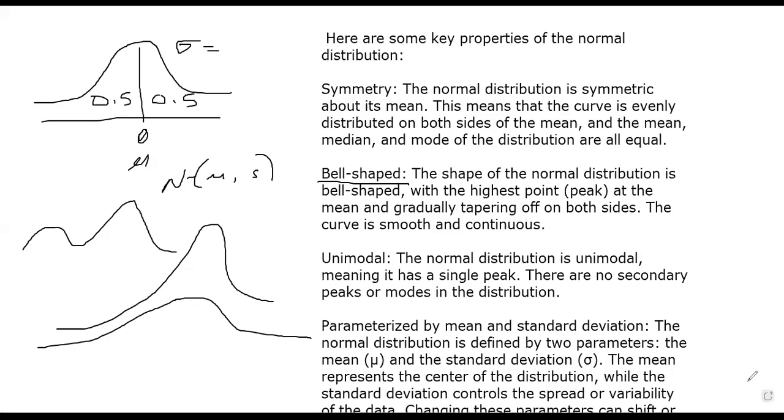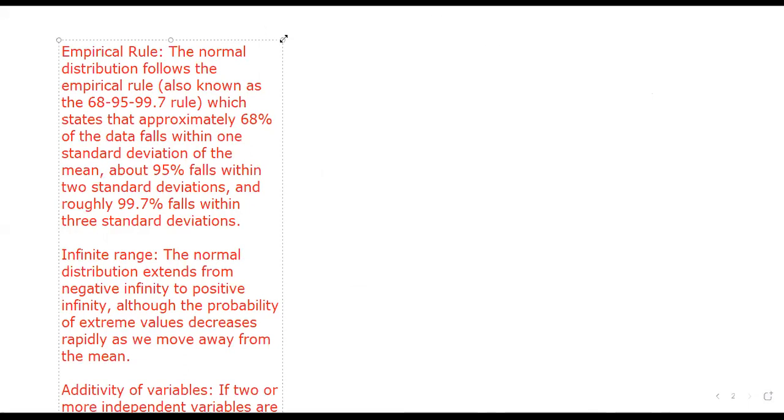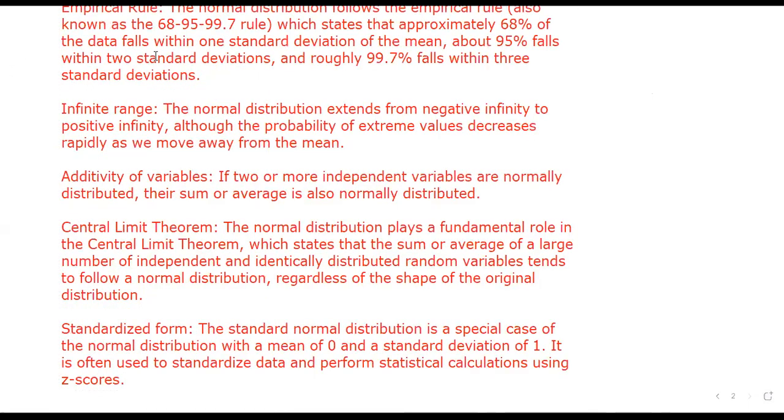Other properties may include the empirical rule. According to the empirical rule, the normal distribution allows the rule to apply for the following percentages: 68, 95, and 99.7%.